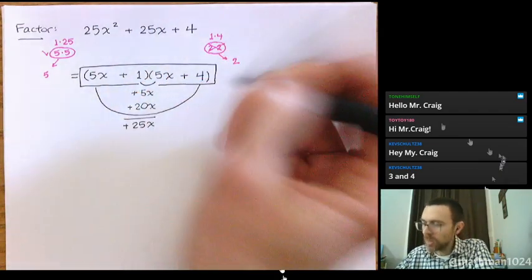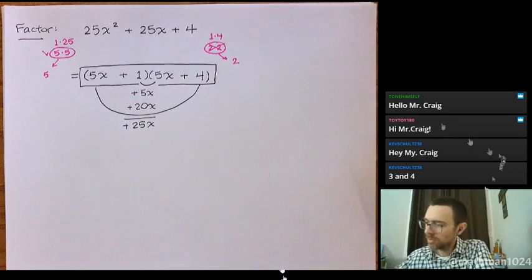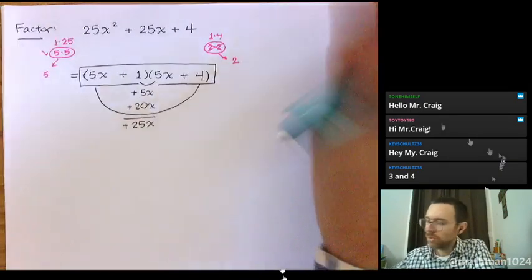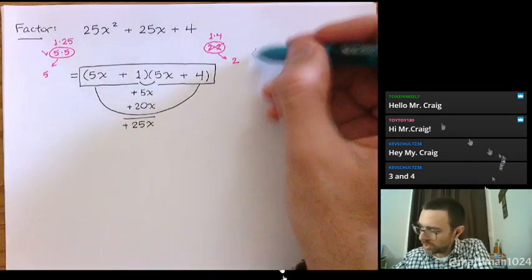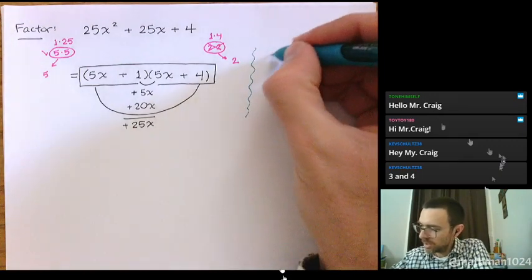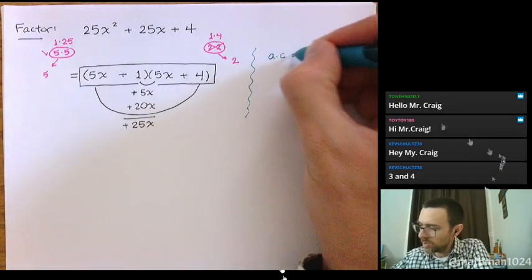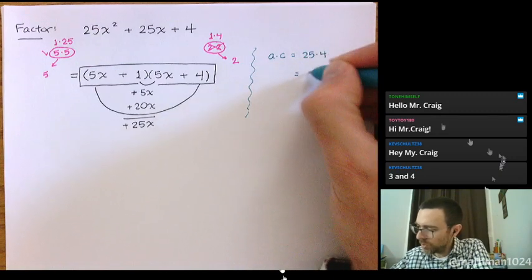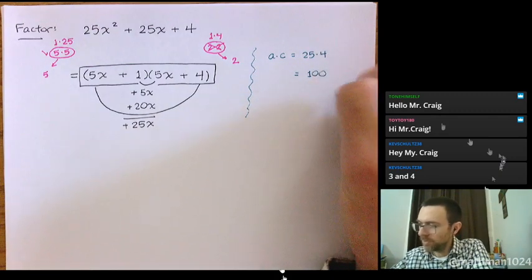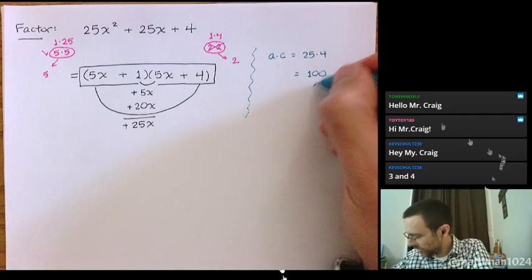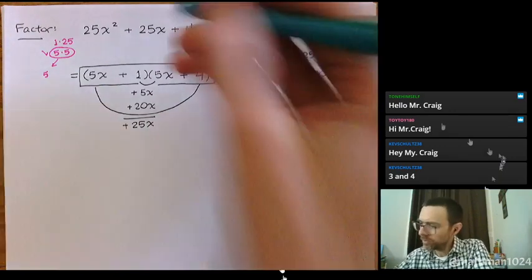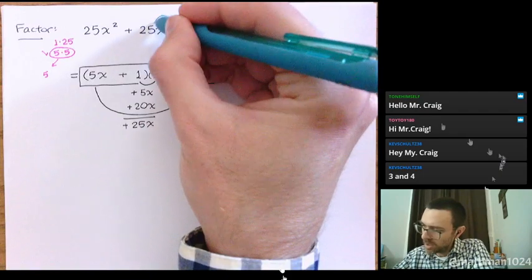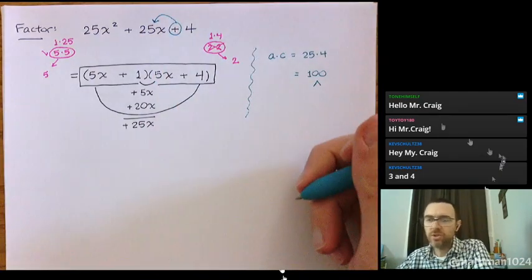Or for those of you who really want to do the AC method, check this out. A times C is 25 times 4, which gives me 100. So I want to find factors of 100 that add to 25.